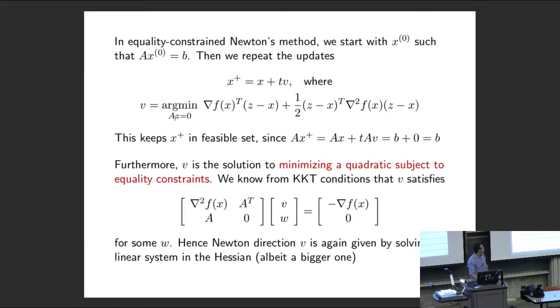All I'm doing is putting as a constraint in the optimization problem that determines my update that A z equals 0. Hopefully this makes sense to everybody.